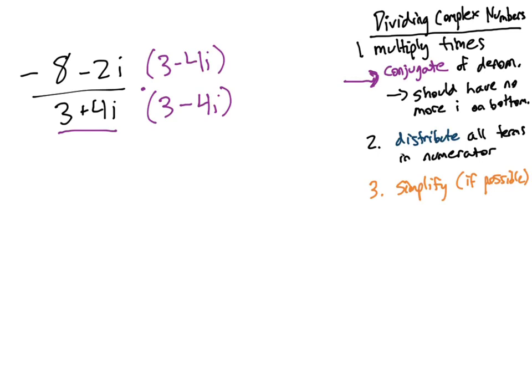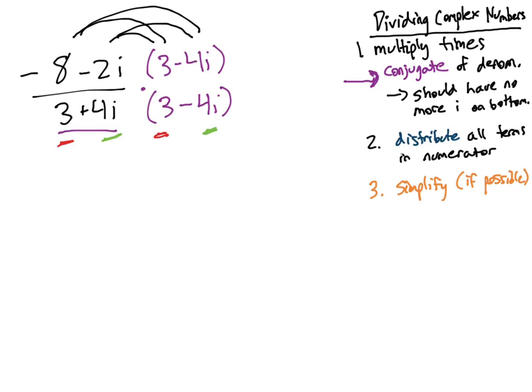Now, typically when we're multiplying more than one term like this, we need to distribute and multiply each of these terms together. So we'll do that in our numerator, but in the denominator, we can take a little shortcut because one of the special properties of multiplying by the conjugate is it causes the imaginary portions that we would get from multiplying these middle terms to cancel out.